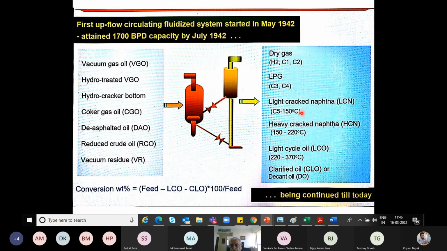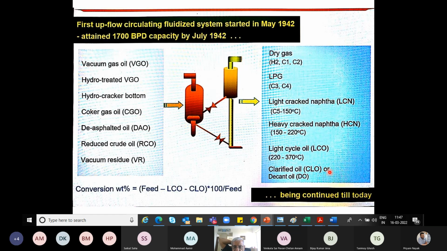Then the light naphtha and the heavy naphtha put together, it is like C5 to 220 cut. This is basically gasoline, which is high octane coming from the FCC unit. Light cycle oil, which is like a diesel component, 220 to 370. Anything heavier, which is uncracked material, finds its place in the fuel oil pool.